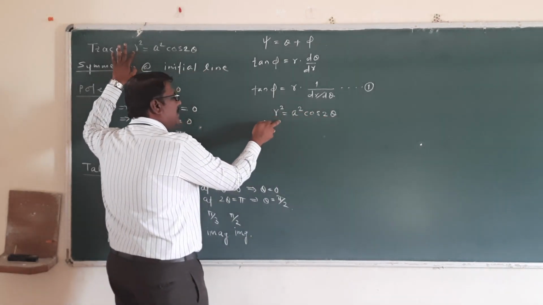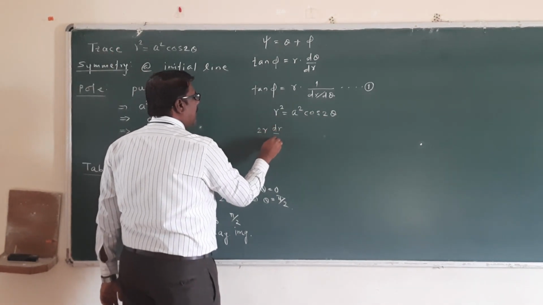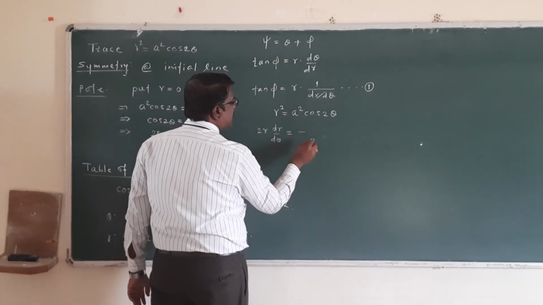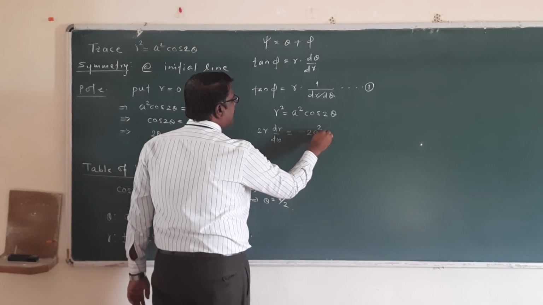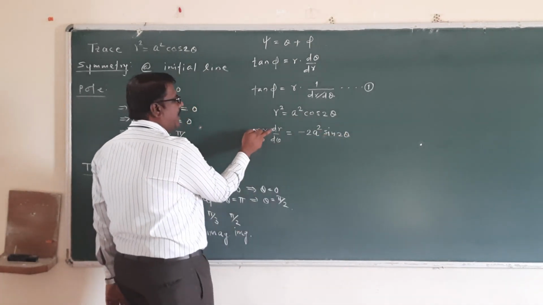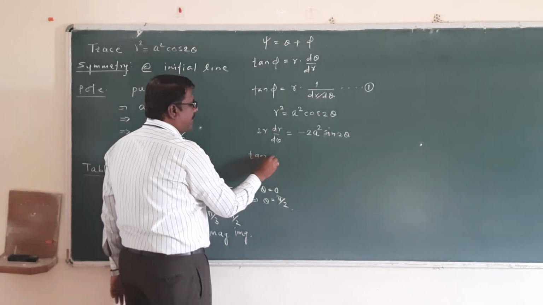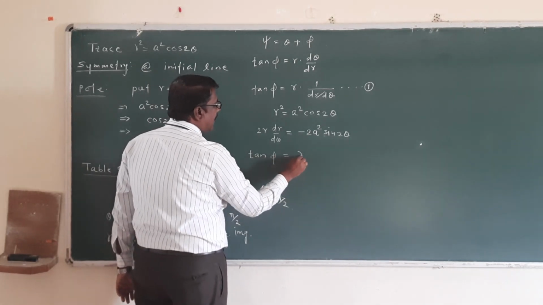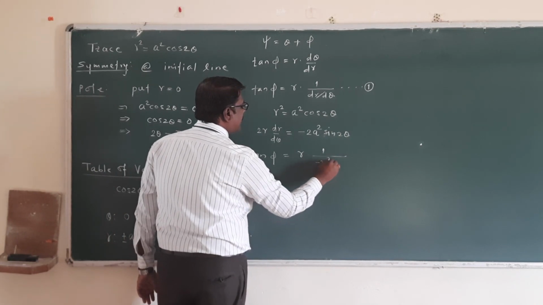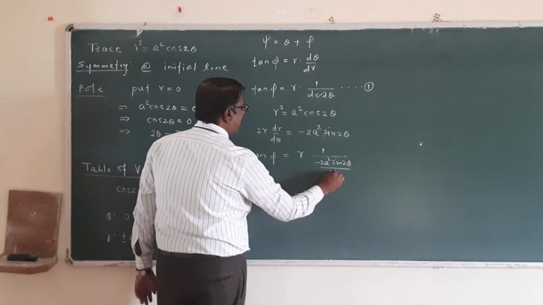When I differentiate this with respect to theta, I will get 2r dr by d theta is equal to minus 2 a square sin 2 theta. So when I substitute the value of dr by d theta here, I will get tan phi is equal to r into 1 upon minus 2a square sin 2 theta divided by 2r.